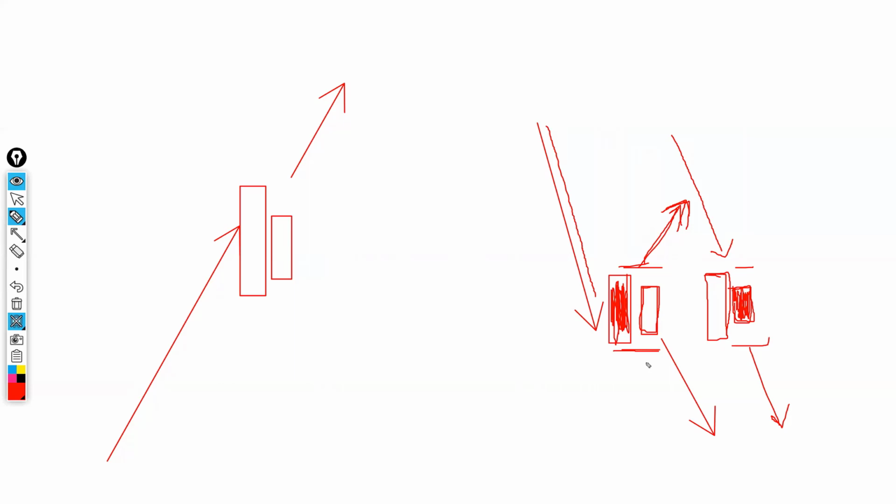Price also has a tendency to break down, but it has the highest tendency to break up because the baby is a bullish bar. Do you get that? Good. So these are the 4 kinds of variation of an inside bar.